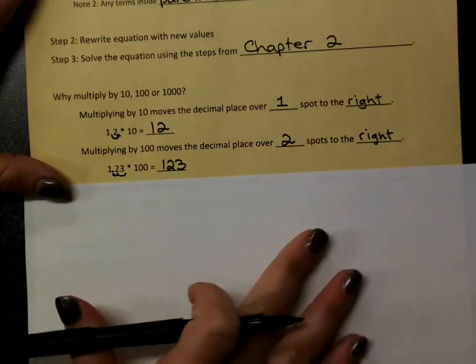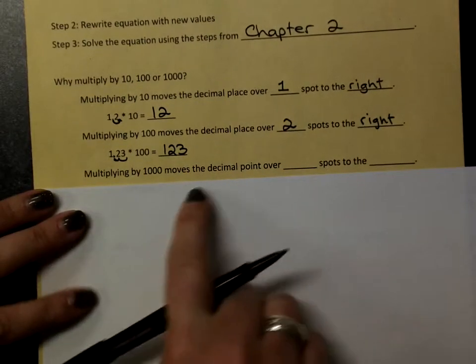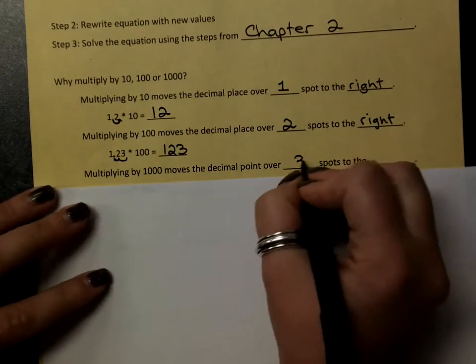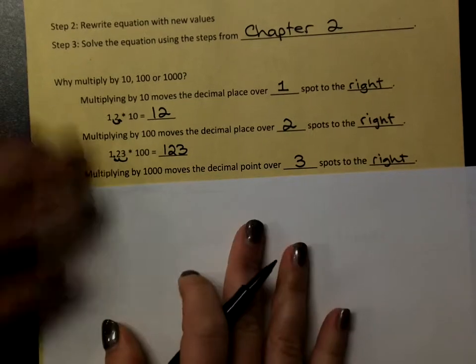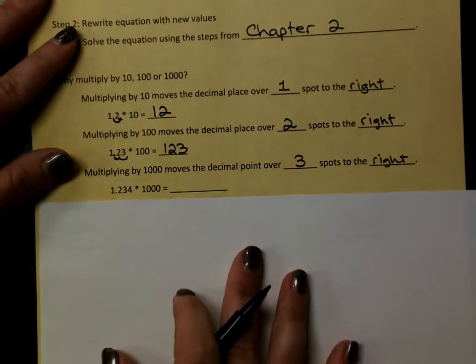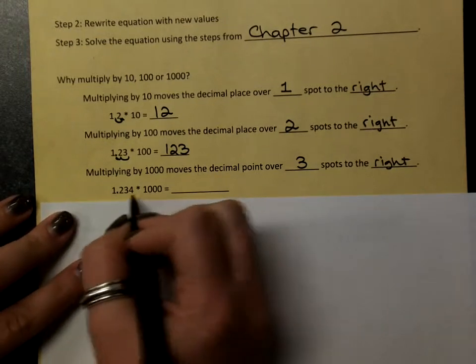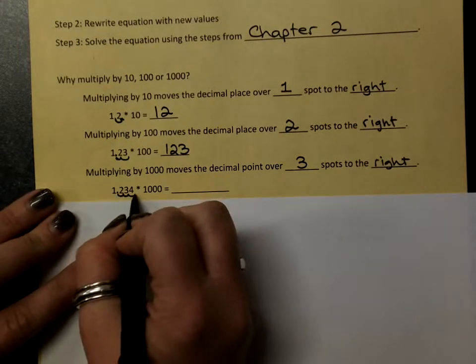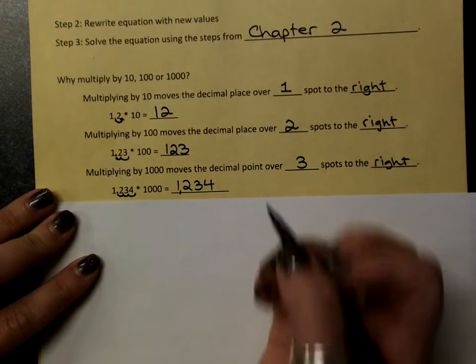And dividing does the opposite, it moves it to the left. Multiplying by 1,000 moves the decimal point over three spots to the right. So if I had 1.234 multiplied by 1,000, I'd move it over 1, 2, 3 times, and it would become 1,234.